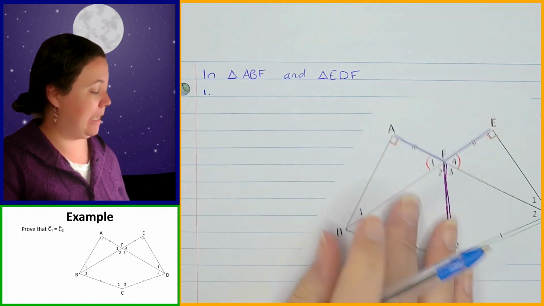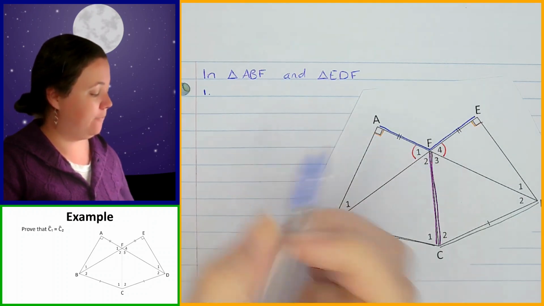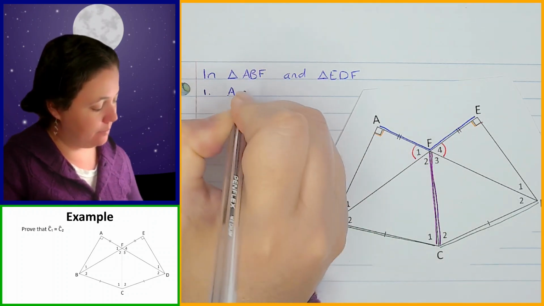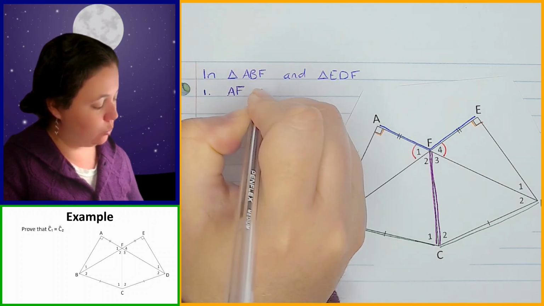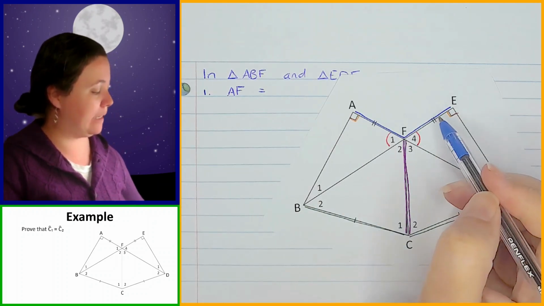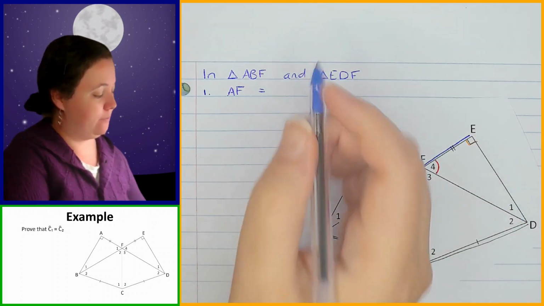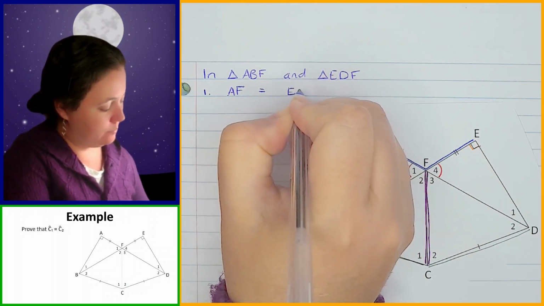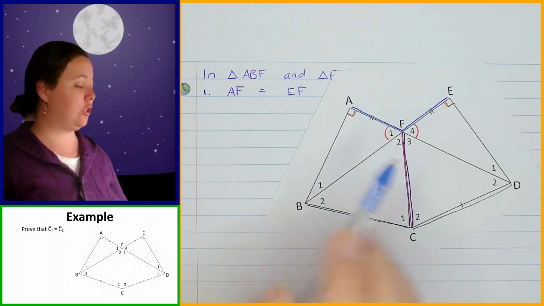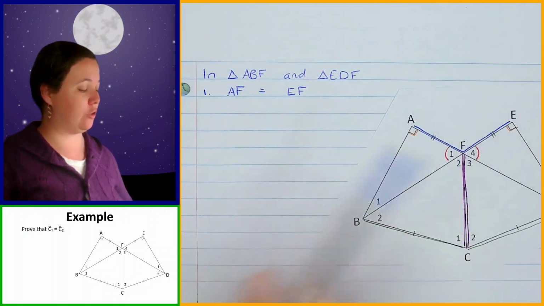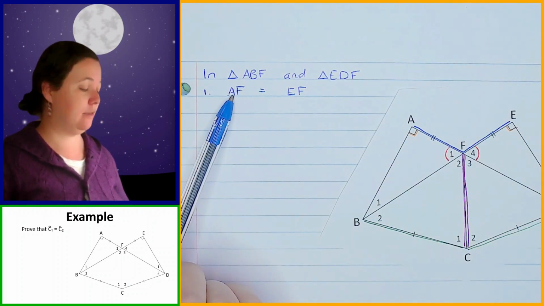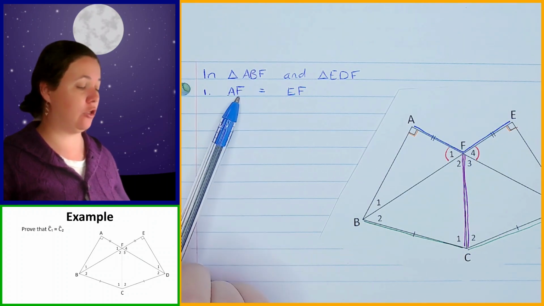Okay, so I've got over here, in triangle ABF, AF is equal to, in triangle EDF, it's equal to EF. Okay, so I also need to say these in the same order. So this over here is part of that triangle, so it goes first.